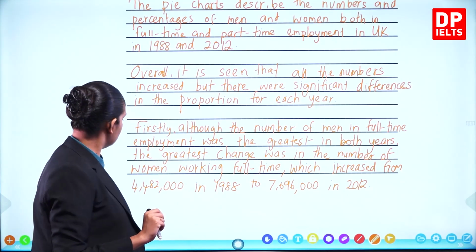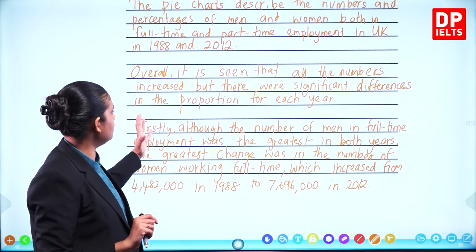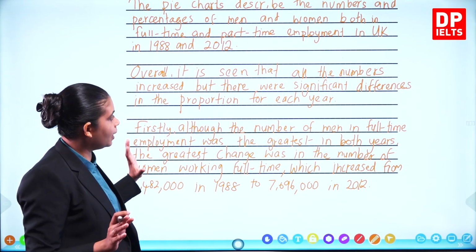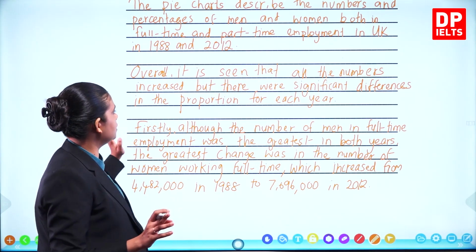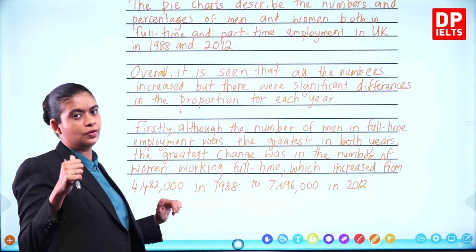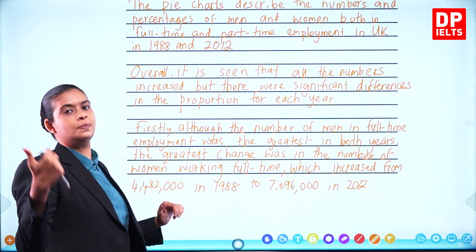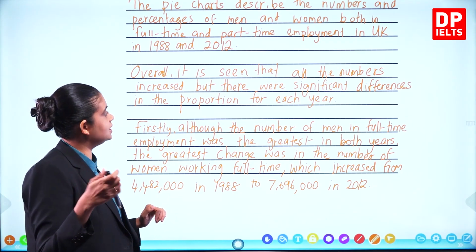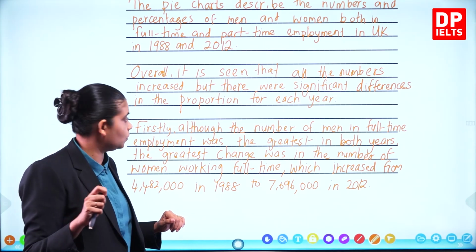So I've said that in terms of numbers, it's increased, but there were significant differences in the proportion for each year. I'm writing in the past tense because it's talking about 1988 and 2012.